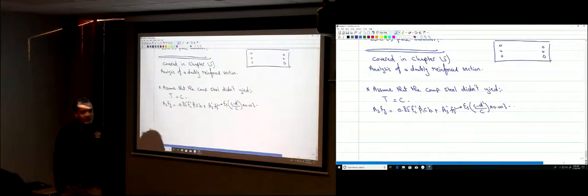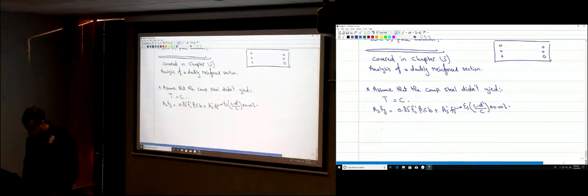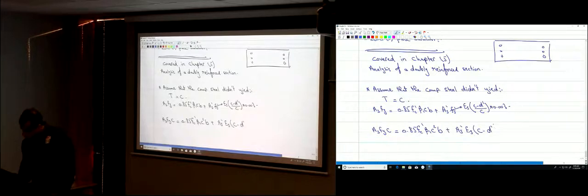Multiplying everything by c, you're going to have area steel fy c equals 0.85 fc prime beta 1 c squared b, plus area steel prime Es times c minus d prime multiplied by 0.003.